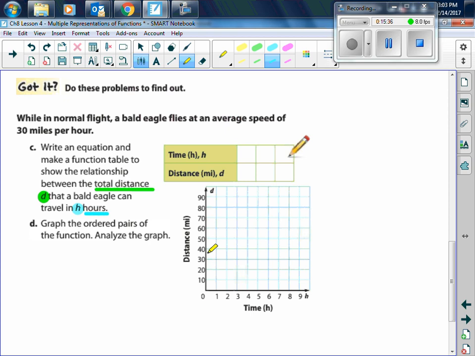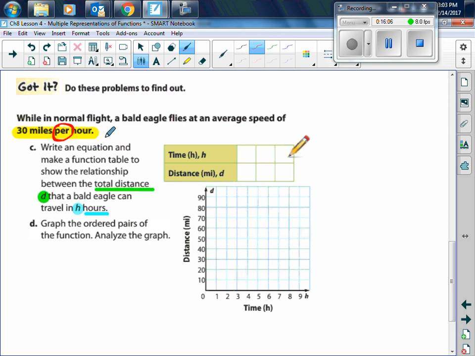Okay? So now we're going to go back to the word problem and look for what phrase tells us what to do. What's that phrase? So here we have 30 miles per hour. That tells us what to do. Okay? And yes, just like you said, per means we're going to multiply.